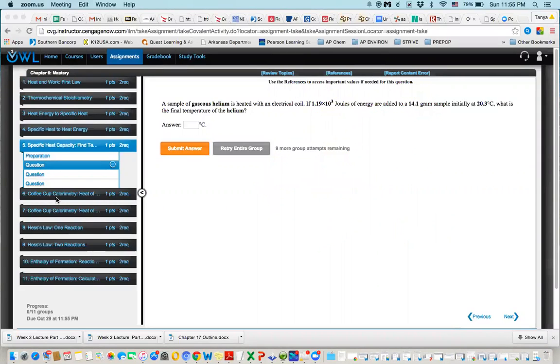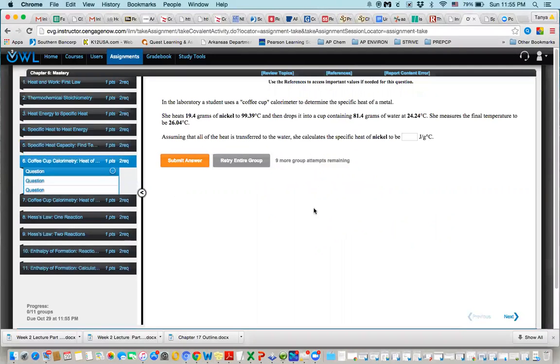See how you might work a coffee cup calorimeter problem. Okay, now this particular type of problem, this is where you have one substance you know the specific heat of, say, water, you drop a substance into water, and then you're calculating the specific heat of that substance. Here's a concept that you must get into your head. Heat gained is equal to heat lost. The way we will do that, I'm going to do heat positive equals heat lost.